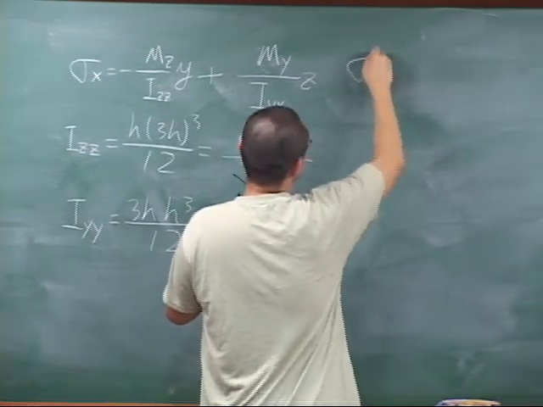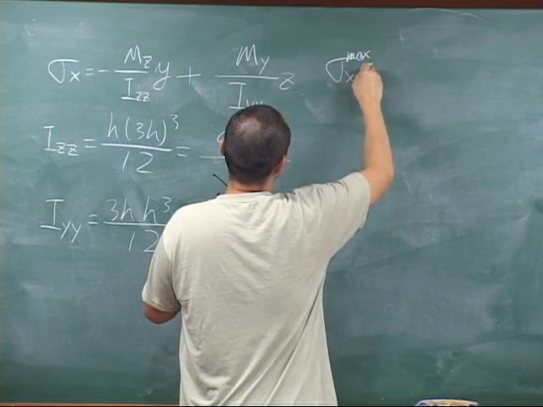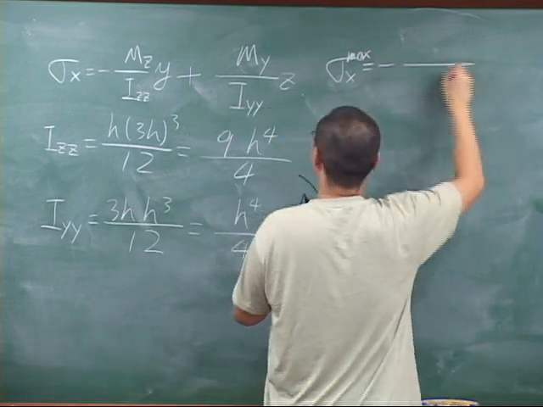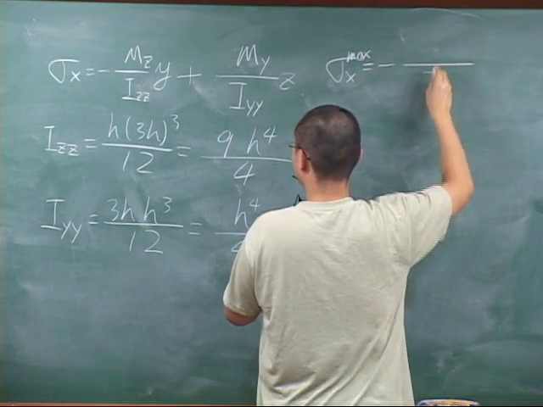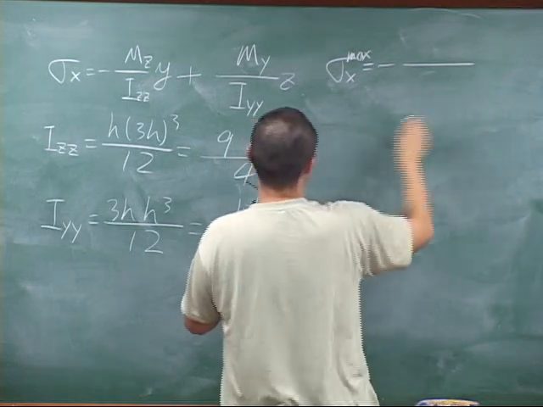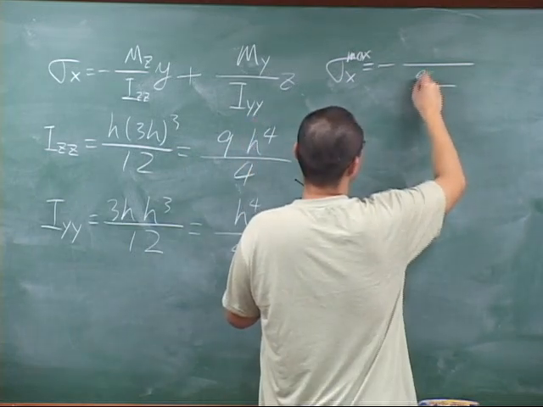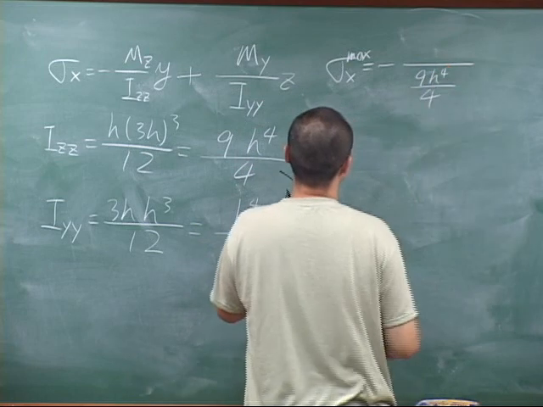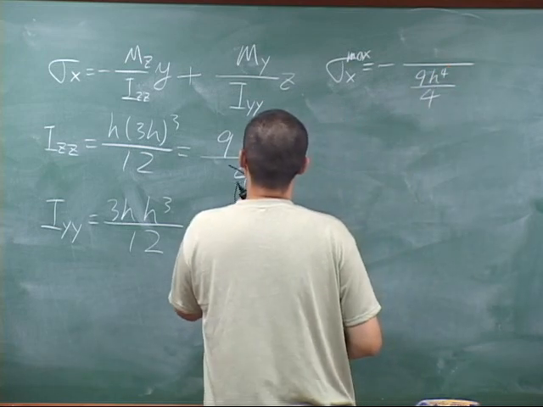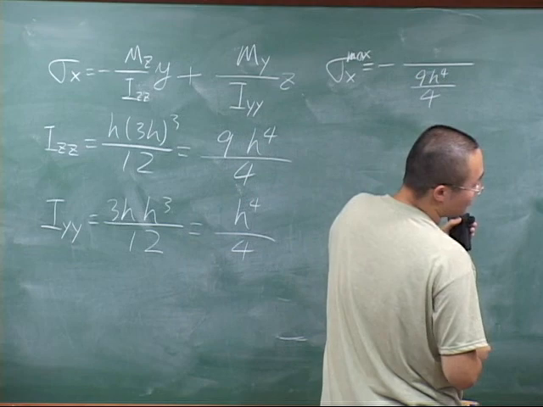Sigma x max should be, Izz is 4/9 h to the 4th power, and mz, what is mz?